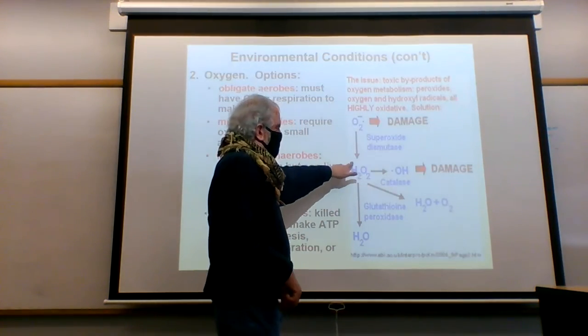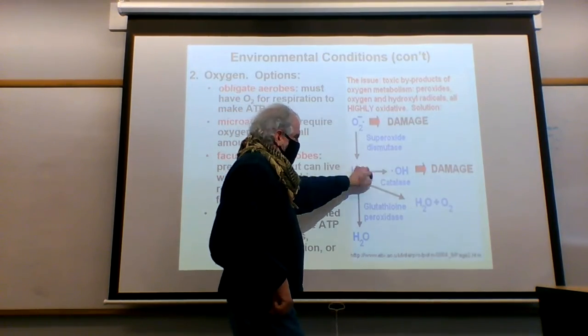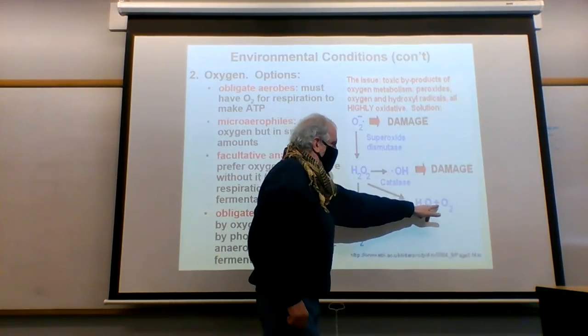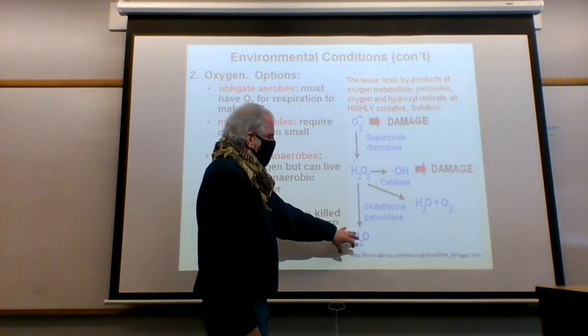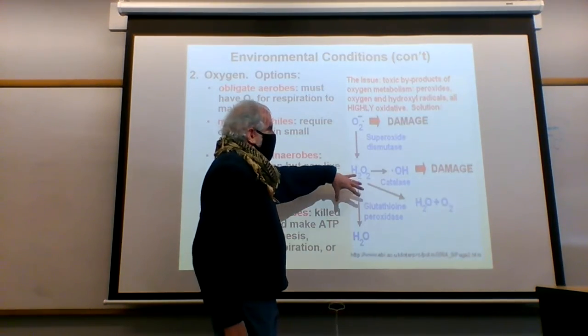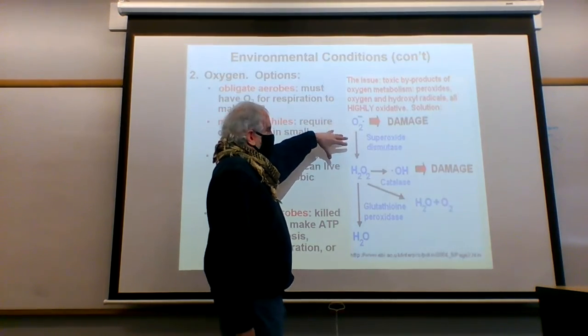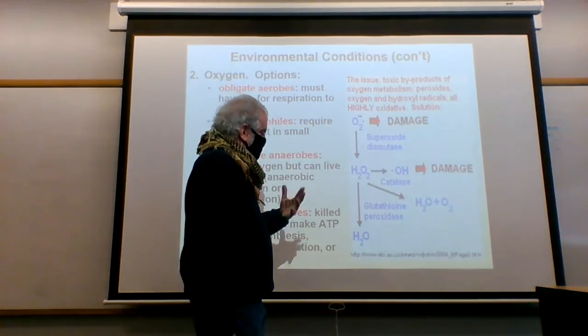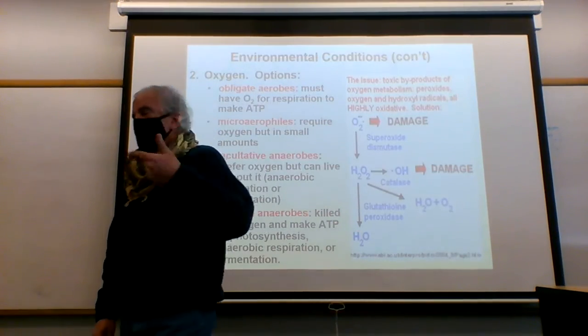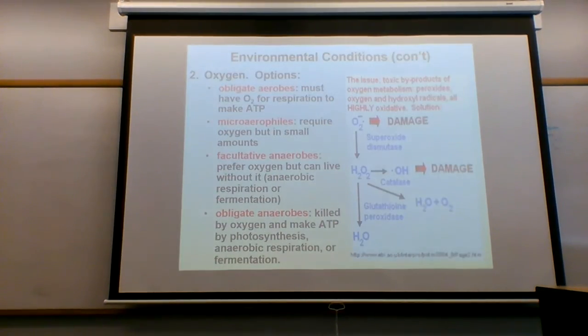This is things like hydrogen peroxide. You can break that apart into water and O2 if you've got two of them. There are a variety of different kinds of enzymes that will take oxygen radicals and generate some kind of non-damaging molecule.